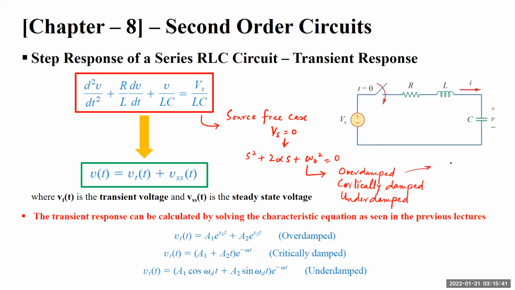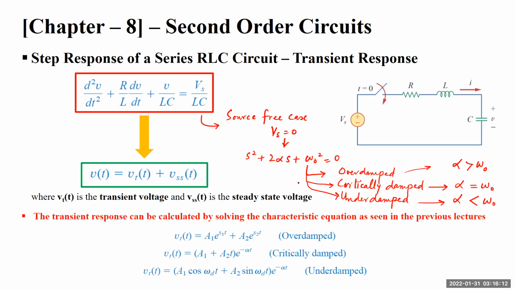For overdamped, we saw that alpha is greater than omega naught. For critically damped, alpha is equal to omega naught, and for underdamped, alpha is less than omega naught. So these are the conditions which we saw in our source-free case.